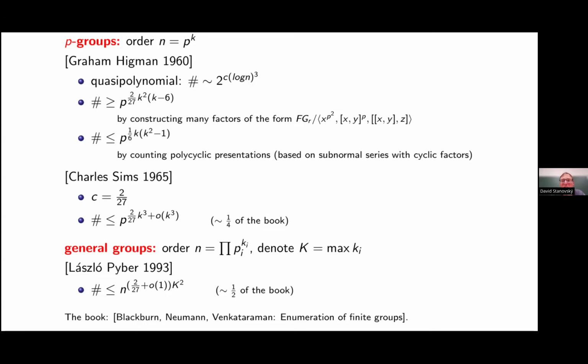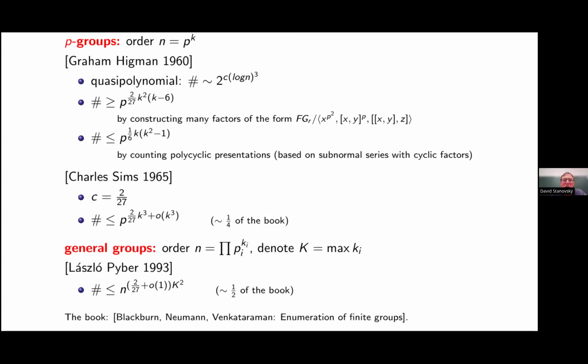He could estimate the number of groups based on those parameters, and by optimizing to get the most groups, he came to the constant 2 over 27. So it came as a result of some optimization of parameters in a general construction.